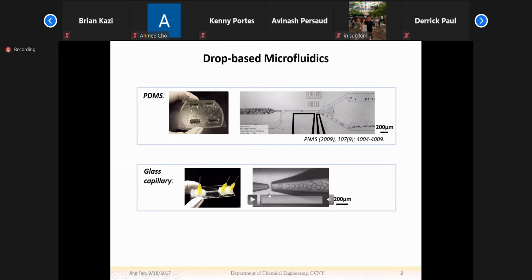Then you assemble it within a slightly larger square cross-sectional capillary. The inner dimension of that square capillary is just slightly larger than the outer radius of this circular capillary, so it's relatively easy to have the coaxial assembly.